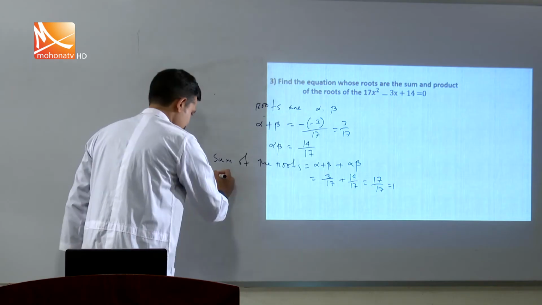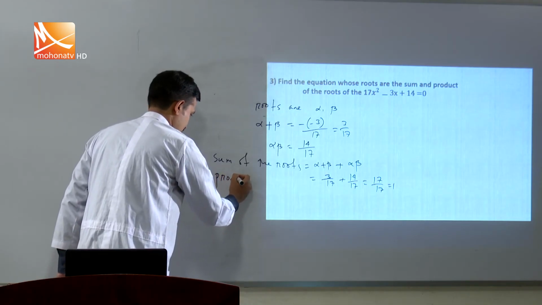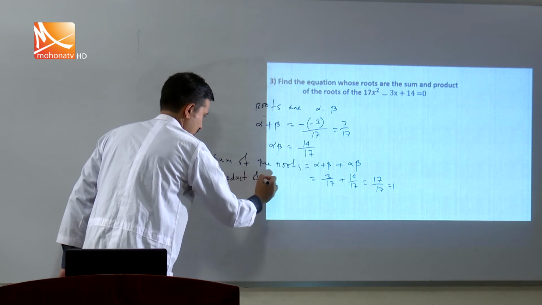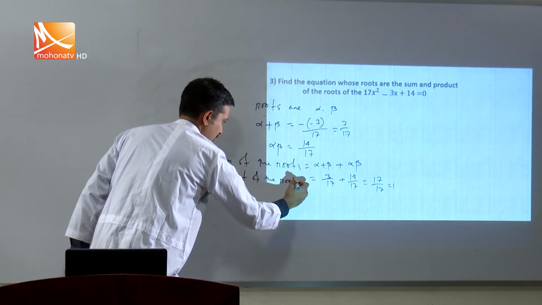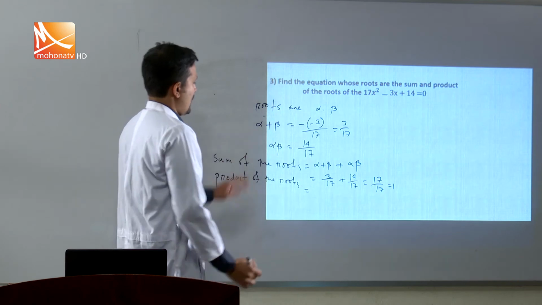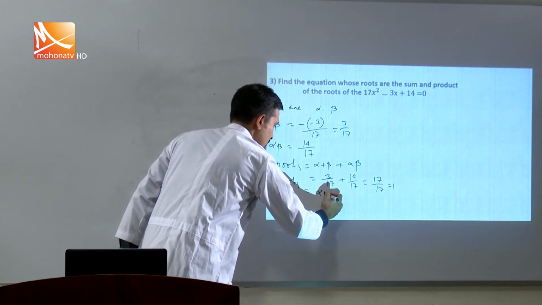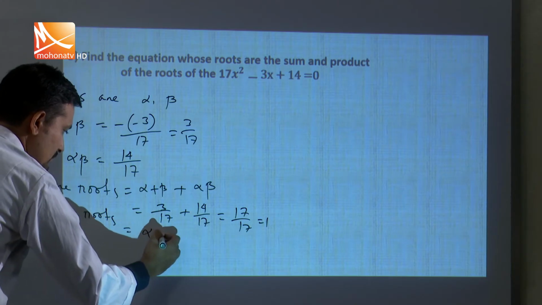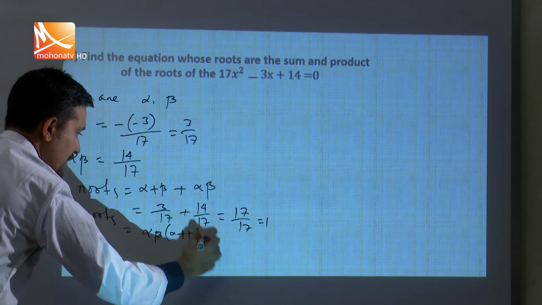Therefore, the product of the roots equals alpha beta into alpha plus beta.